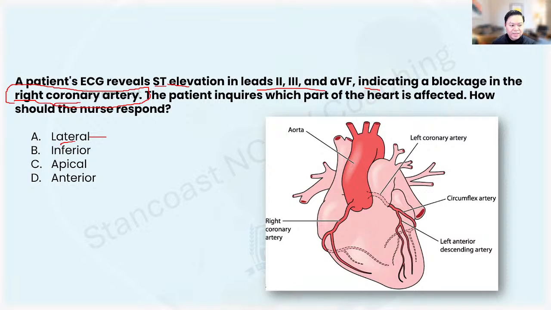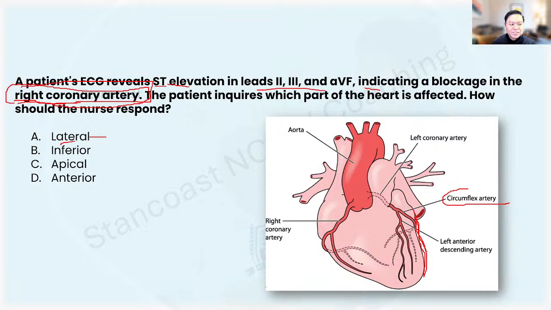So the lateral portion of the heart, which is basically right here, the left side, is going to receive blood from this coronary artery known as the circumflex artery. And it will also receive blood from the left anterior descending artery as well. So we are pointing into this direction, right coronary artery, not onto the left side.